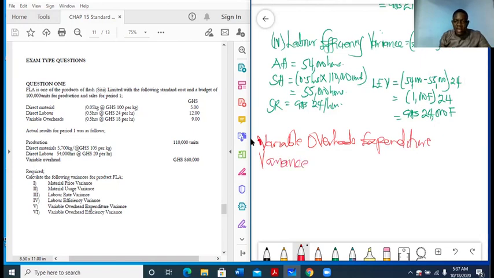Okay, that's equal to the standard rate minus the actual rate measured at the actual hours.